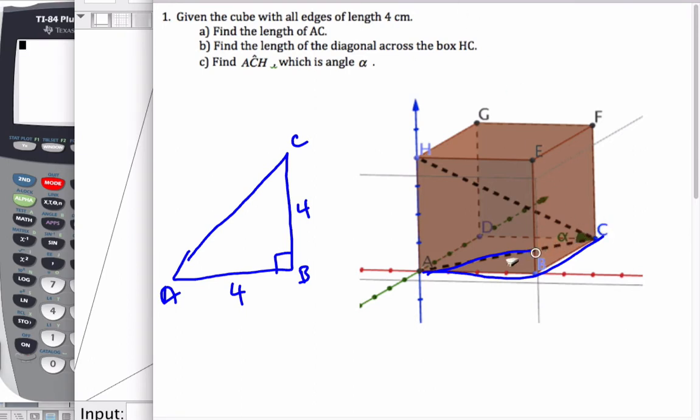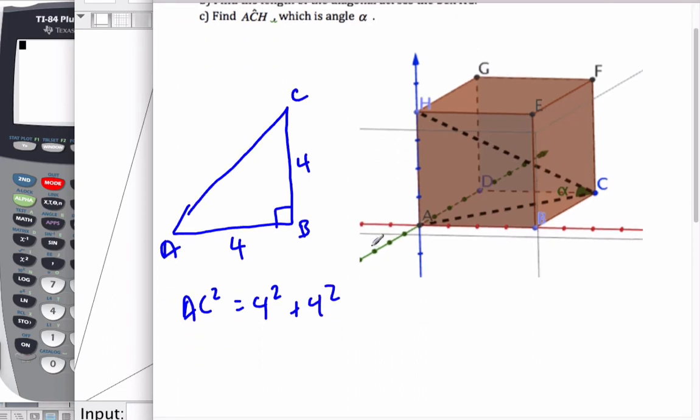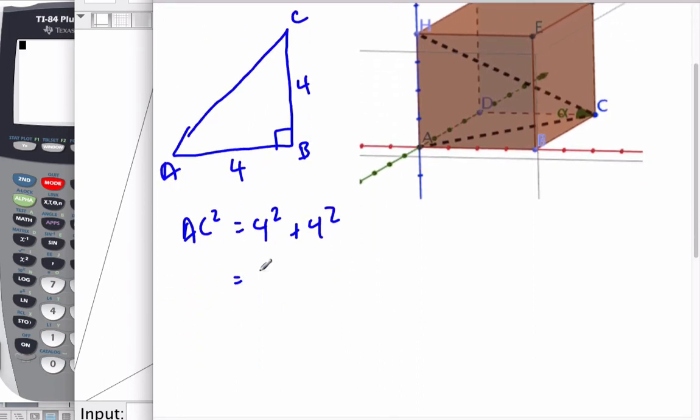And from that, if I want to find that missing length, I can use Pythagorean theorem. So AC squared, which is my hypotenuse, is equal to 4 squared plus 4 squared, which is 16 plus 16, which is 32.